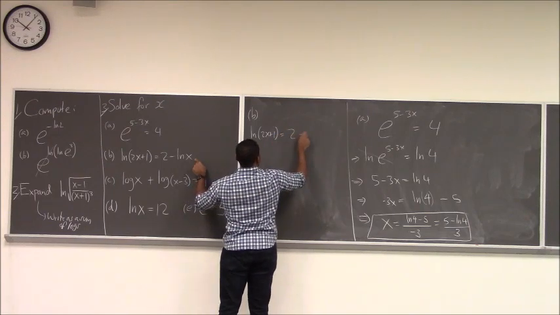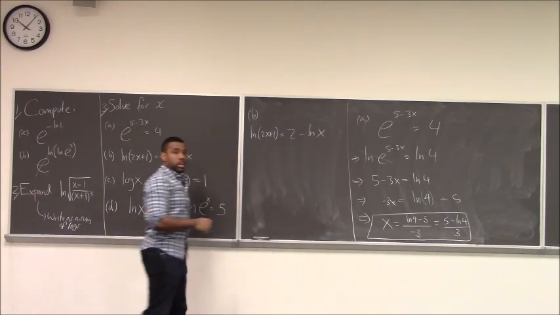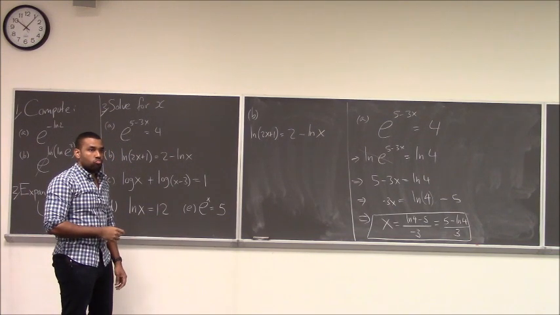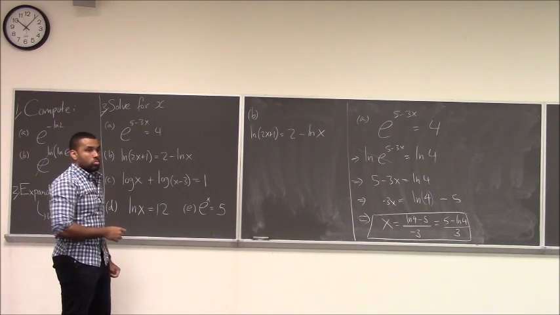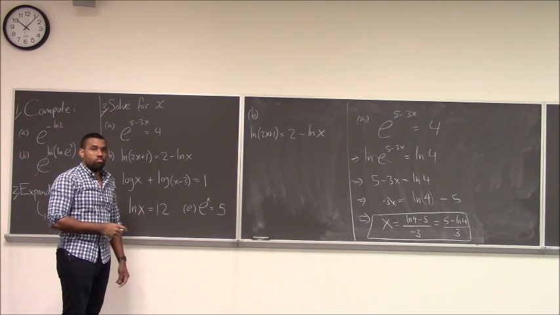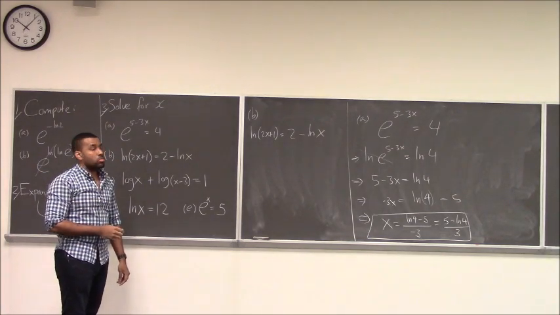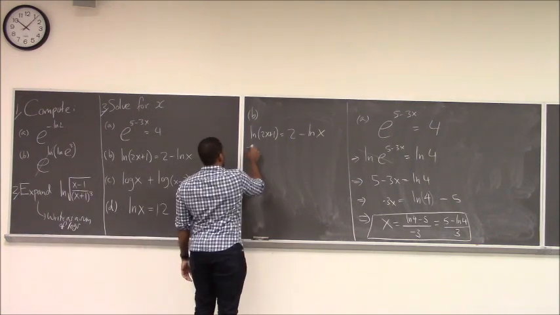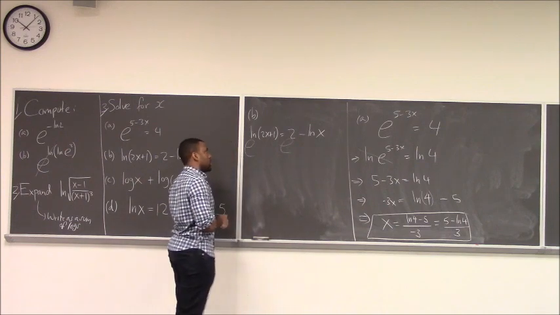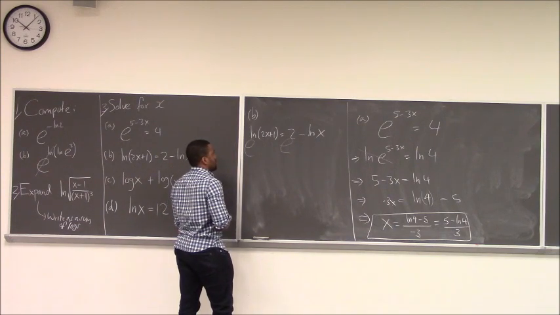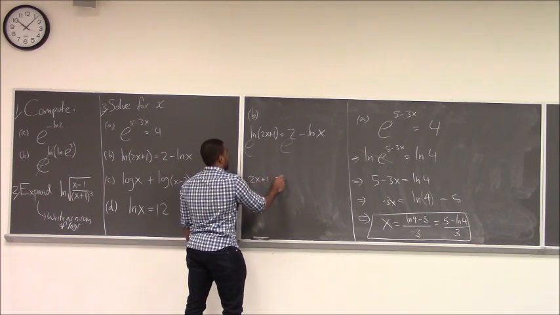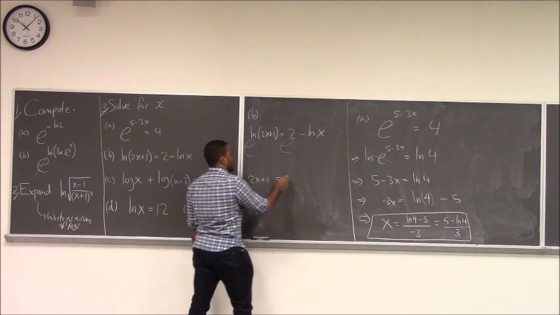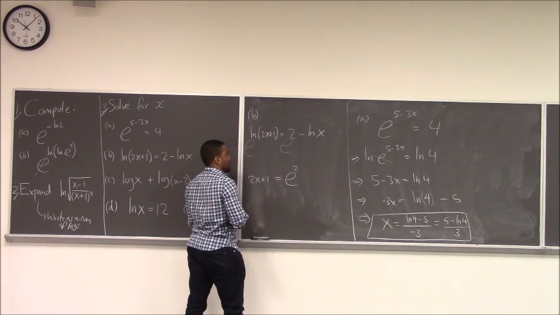Solve for x. Okay, what would you get? Well, 2x plus 1, and e to the 2 minus x.